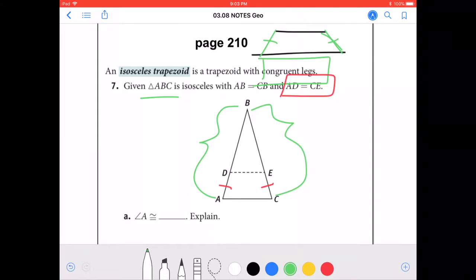The book wants us to figure out what angle is congruent to angle A. We know very little about this triangle and this diagram besides that we have an isosceles triangle and these pieces are congruent.